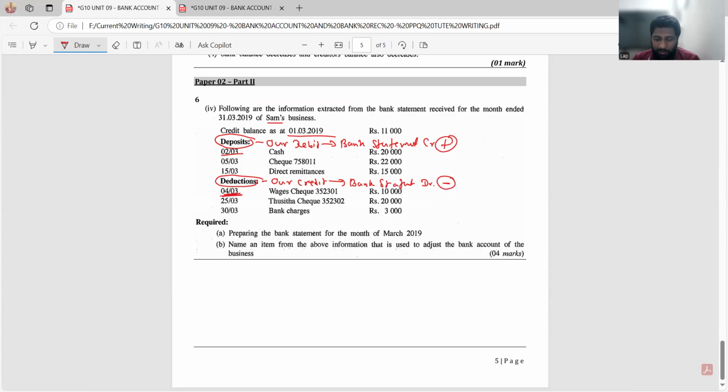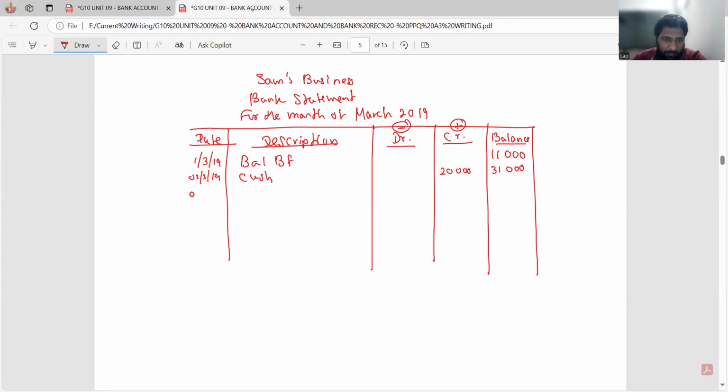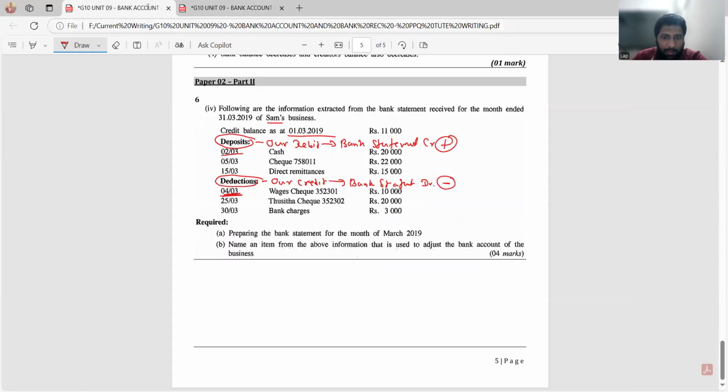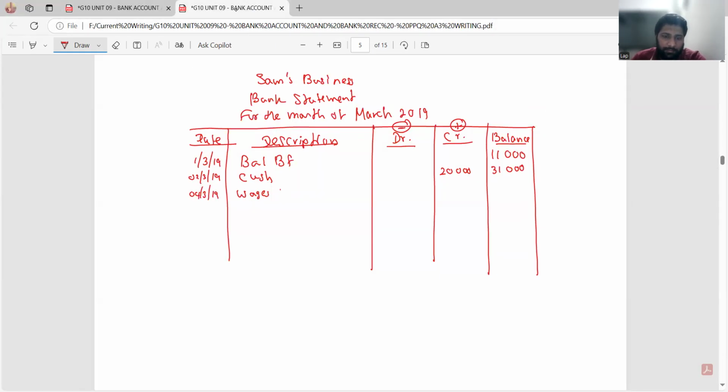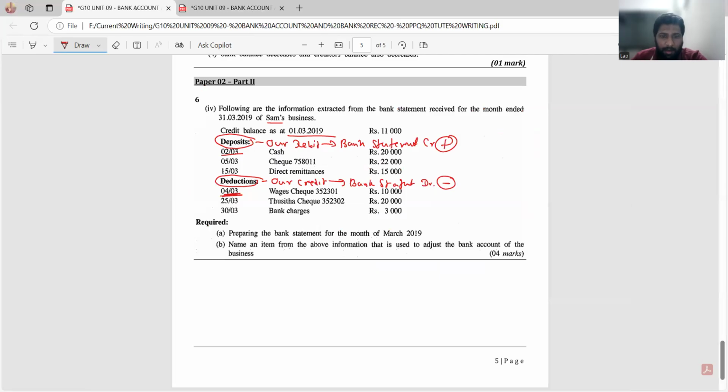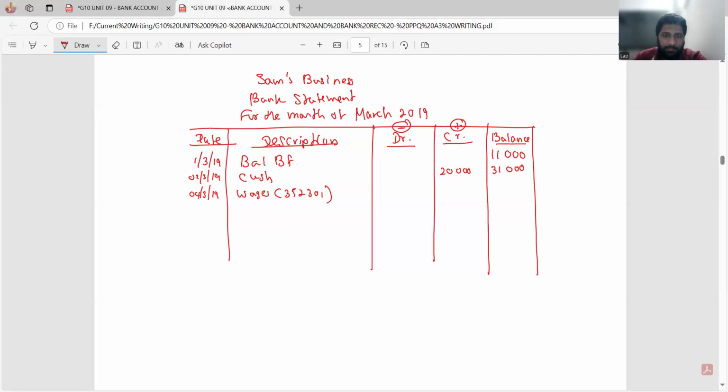Check number 352301, wages. The amount is 10,000. So we reduce the balance. 31,000 minus 10,000 is 21,000.